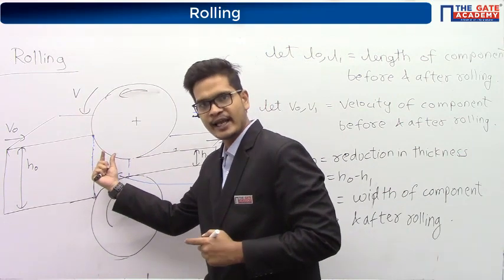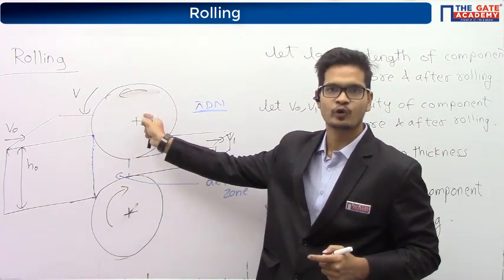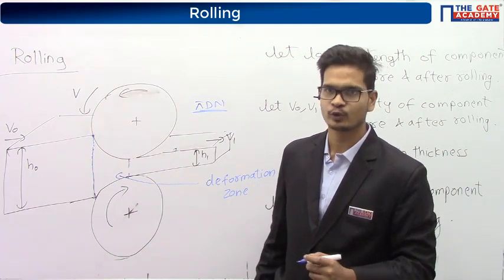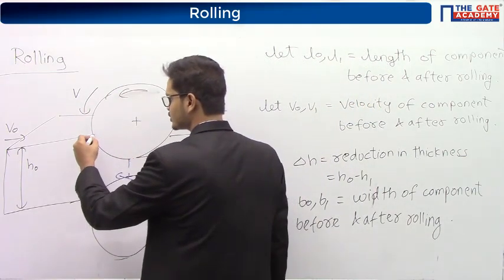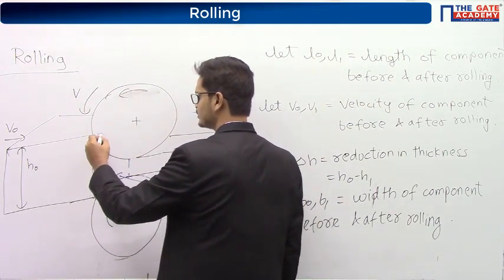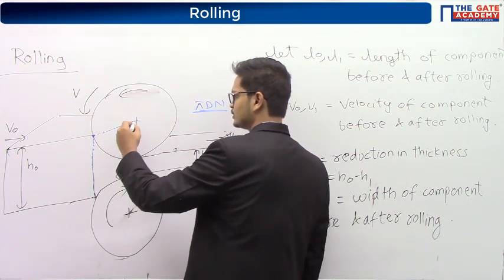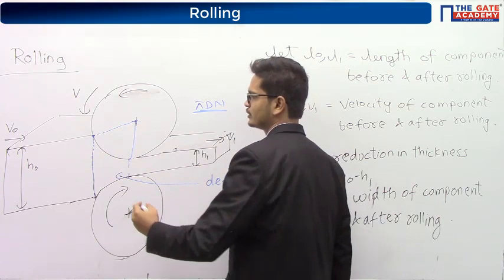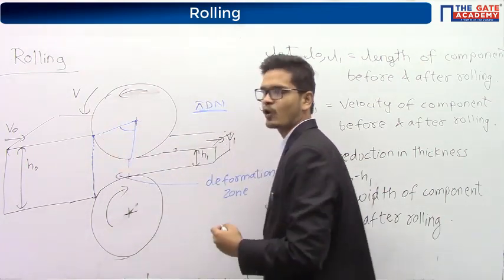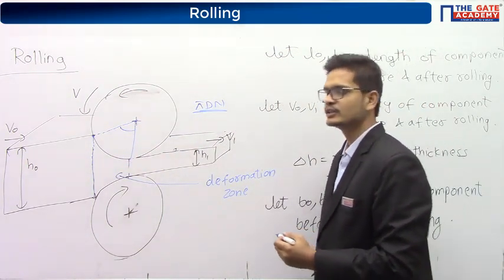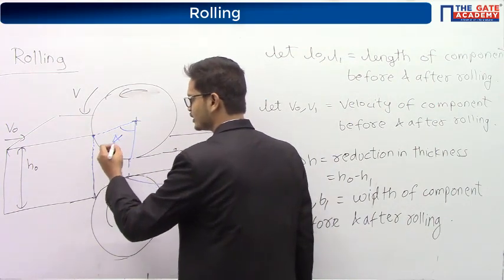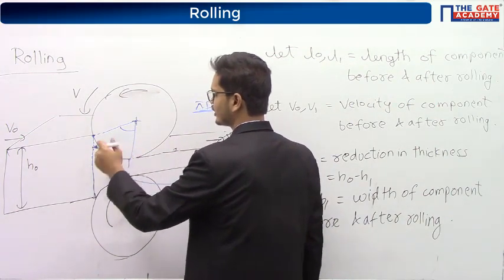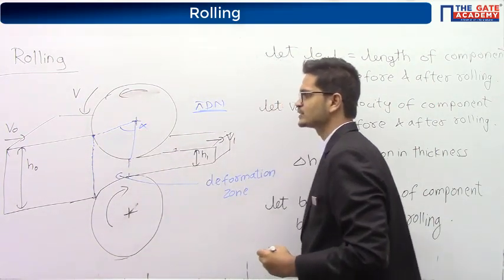Let's mark the angle of the deformation zone with respect to the center of the rollers. The deformation zone is starting here. The deformation zone is ending here. So this is called the angle of bite. It is represented by alpha.